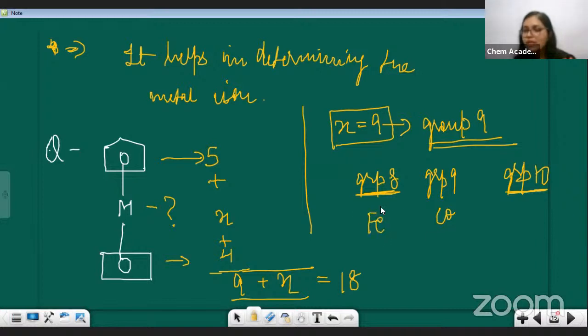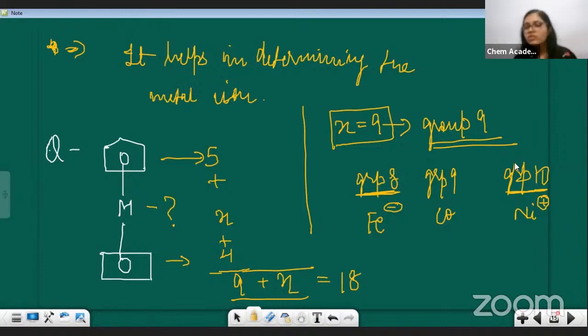So if it is a metal from group 8 with a negative sign, then that can also be the answer. And if it is a metal from group 10 with a positive sign, then that can also be the answer. You get it? Group 8 with a negative charge can also be considered an answer, and group 10 with a positive charge can also be considered an answer. So that is how we do questions like these.